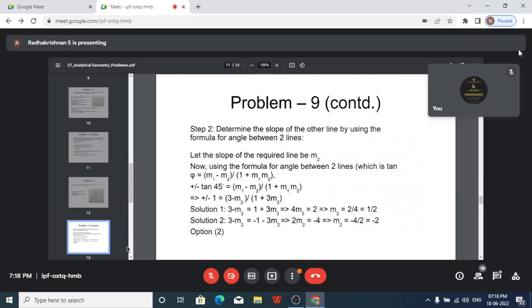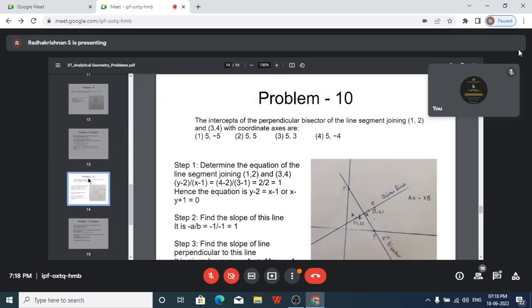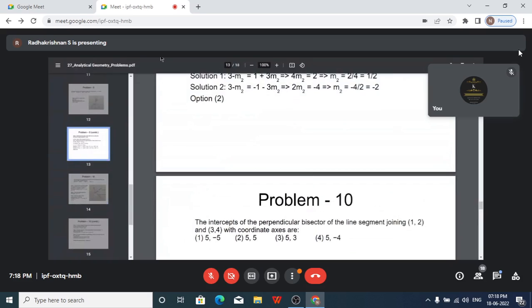Let's go to next problem. The intercepts of the perpendicular bisector of the line segment joining 1, 2 and 3, 4 with coordinate axis are... So you want to determine the intercepts, x-intercept and y-intercept here.